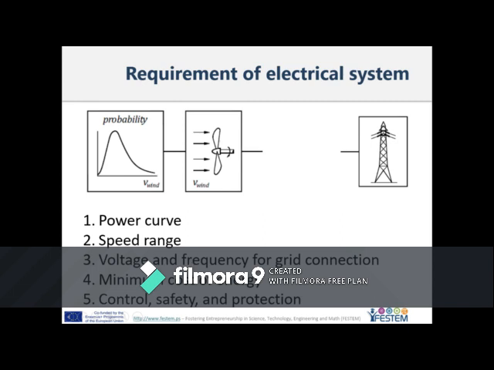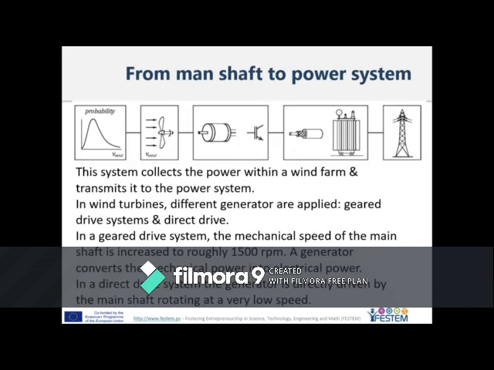The voltage and frequency for the grid connection is required here. Minimum cost of energy. We've got to find wind's cost when we should use this wind energy. Control, safety, and protection components.